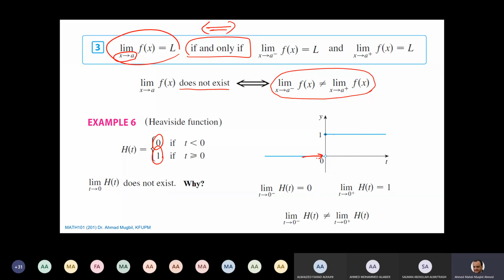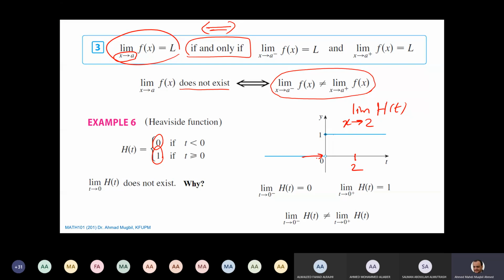Okay, let me ask you a question. What is the limit of the Heaviside function H of t when x approaches 1? What will be the limit? Let me make it 2, or 1, it doesn't matter.